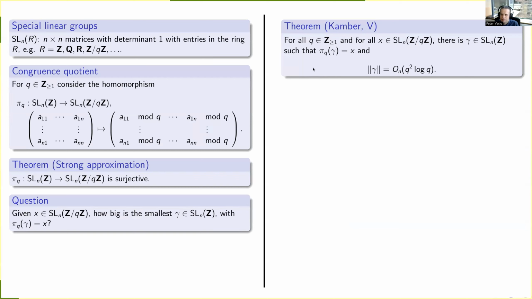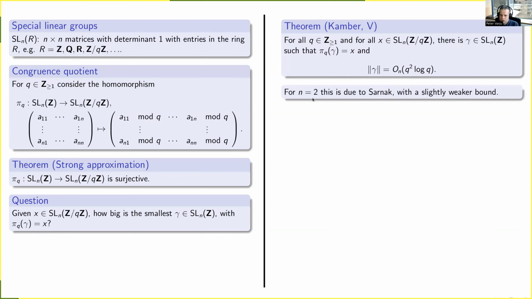And I want to state two results. The first one gives an upper bound, and it says that no matter how you specify the matrix X modulo Q, you can always find gamma with integer entries that projects to X, and the size of the entries is not bigger than Q squared times log Q, with some implicit constant that depends on the rank.